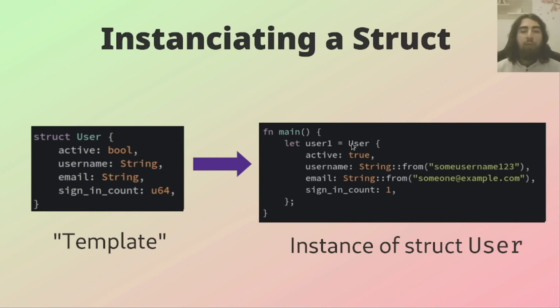And we do that by calling the name of the struct, user in this case, and providing for each field a concrete type. And of course, the types have to match the template. Then we are assigning this instance we have created over here to a variable. So this variable will then hold an instance of the user struct.